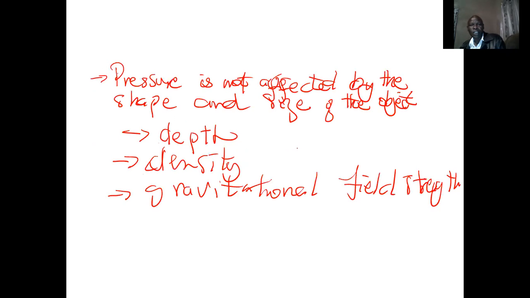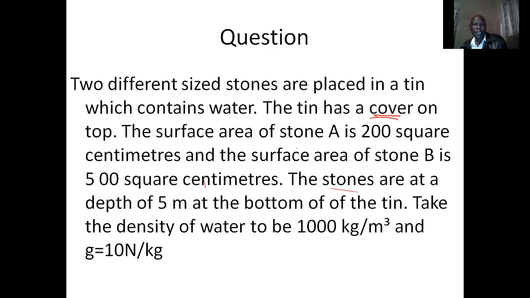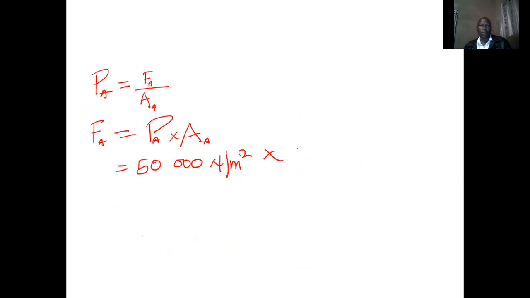And you note that the area of stone A is 200 square centimeters. So it will be 200 divided by 10,000, which gives square meters.